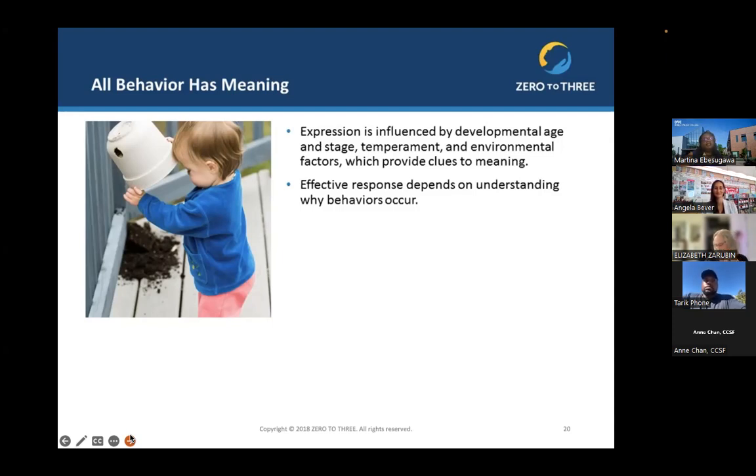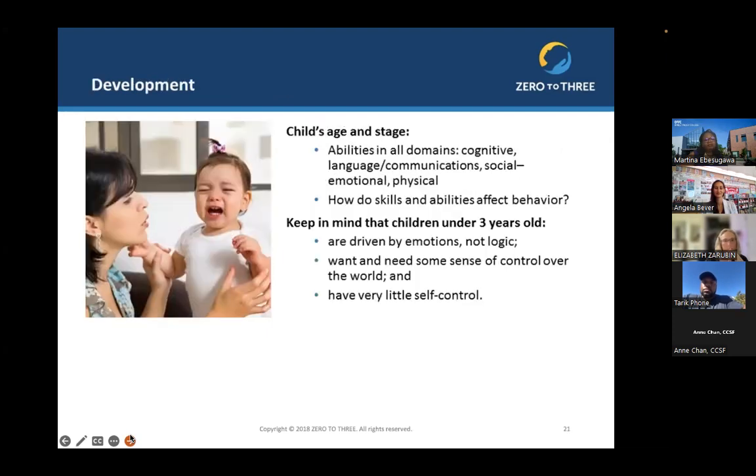So one of the things that's important for us to be effective in responding to children regarding their behavior, we need to understand why the behavior is occurring. And so let's dive a little bit deeper into behavior. Development includes the abilities in all domains such as cognition, language, communication, social emotional development, and physical development. You may ask yourself, well, how do skills and abilities affect behavior?